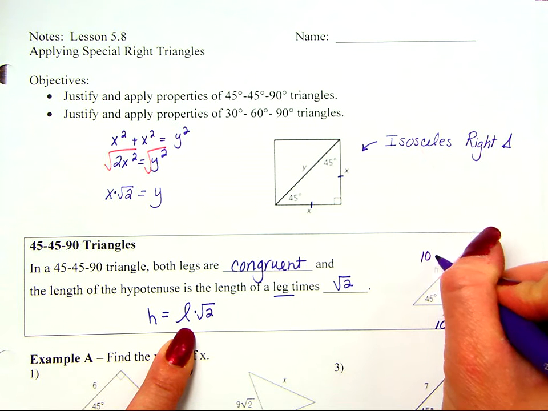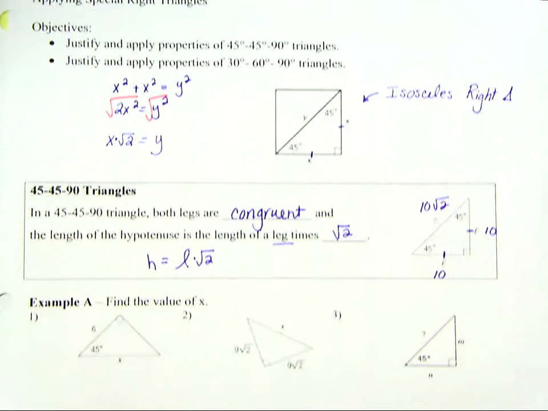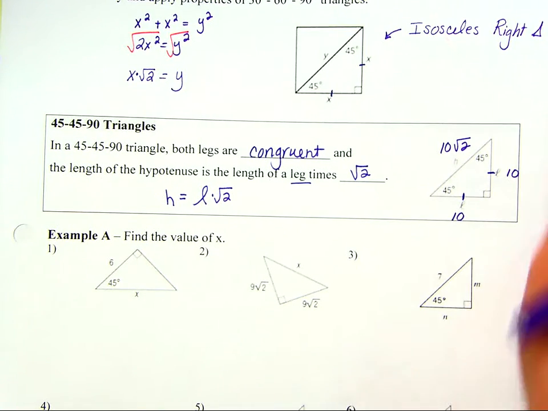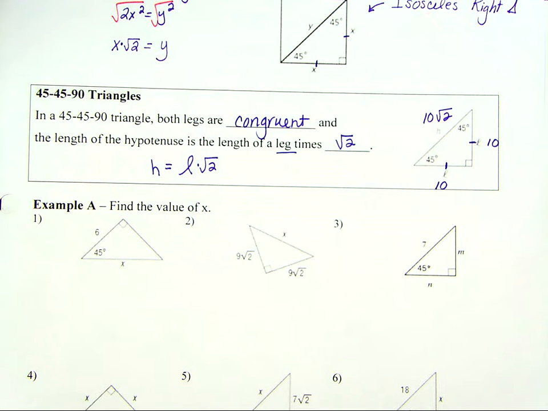So this would simply be 10 root 2. We could figure out that calculation, but 10 root 2 is an exact answer. So when we solve today, we're going to find our missing sides of the triangle, but we're going to leave our answers in radical form.